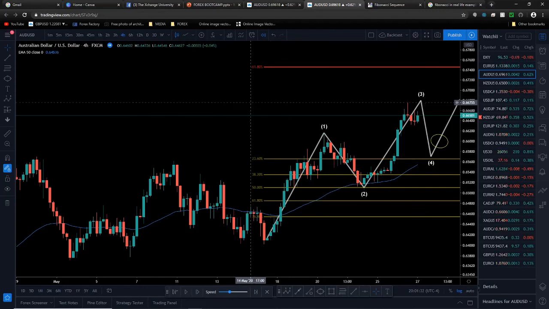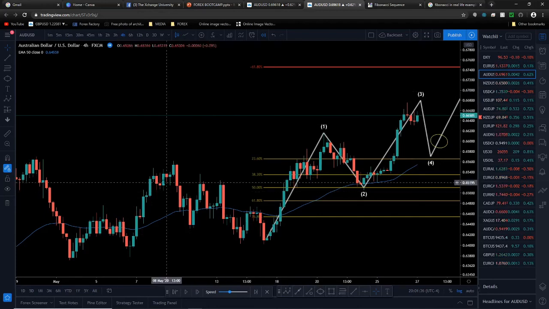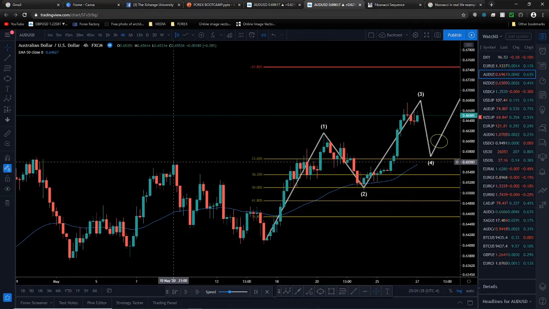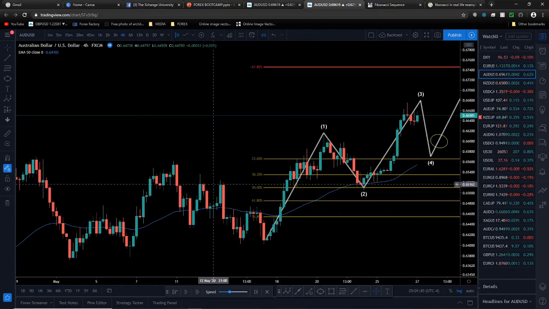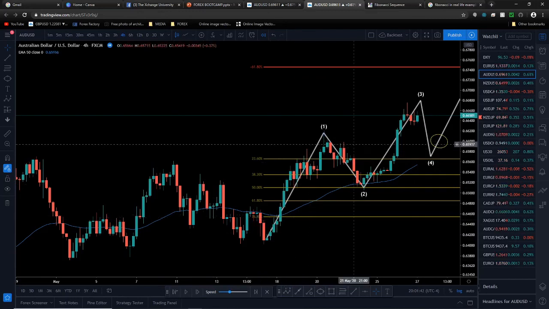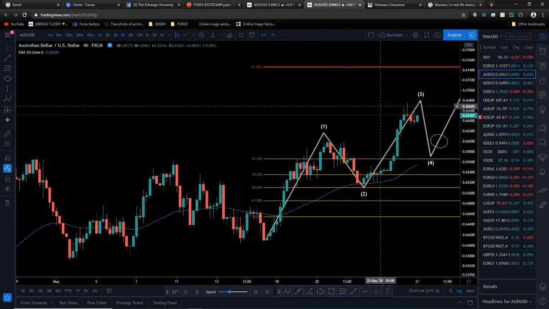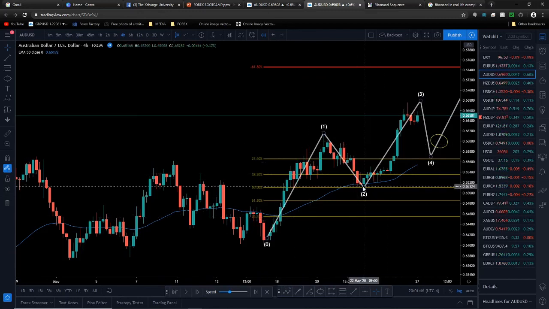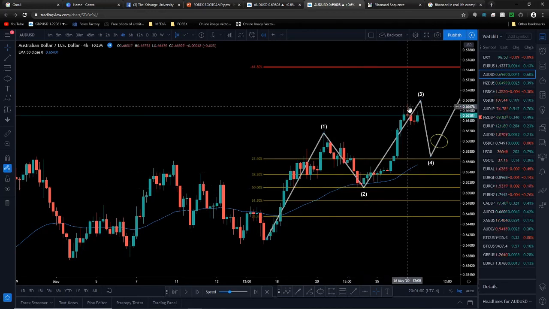A lot of the times the market likes to move in 3s. And you'll even see like triple taps, 1, 2, 3 drop, 1, 2 drop, so there's a lot of 2 waves and 3 waves.